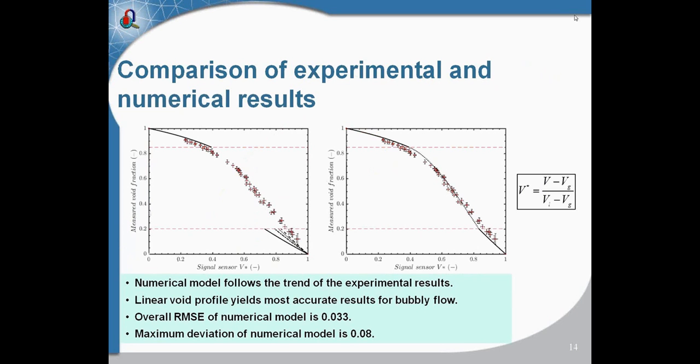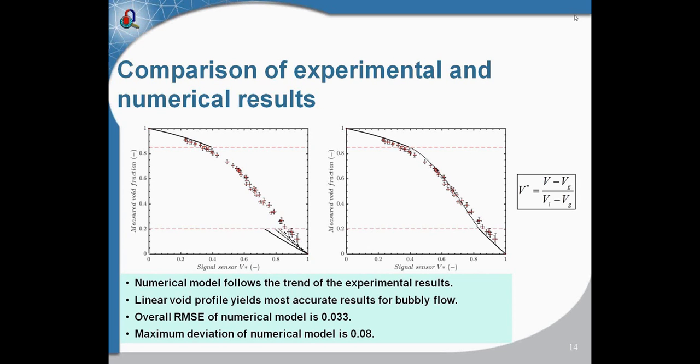In both of the graphs, V star represents the dimensional sensor output of the capacitance meter, which is also defined in the right box. Here the left graph compares the annular and bubbly flow models with their experimental data. In contrast, the right graph outlines the best models.